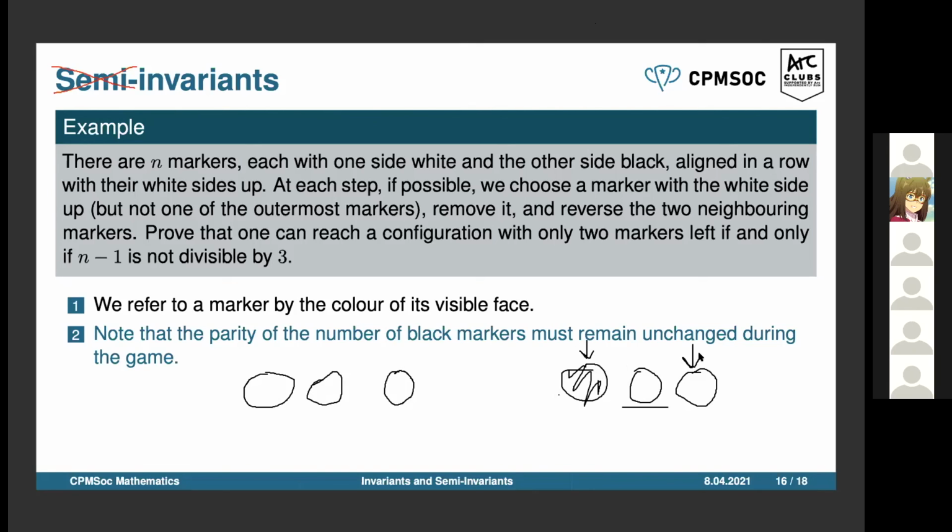So you'll have the same number of black markers because you'll lose a black marker here and gain a black marker here. If they're both white, then you'll get 2 black markers. And if they're both black, then you'll lose 2 black markers. So the parity has to stay the same.